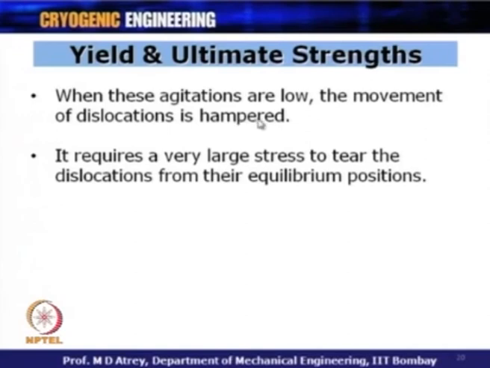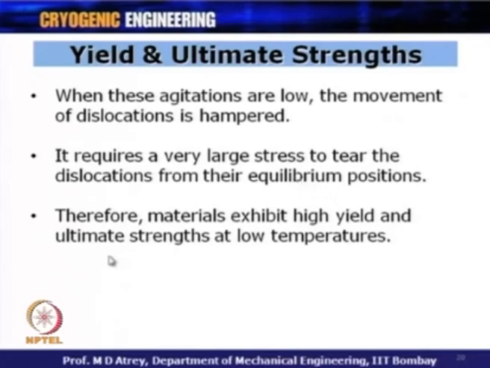When the movement of the dislocation is hampered, what will we have to do? Moving this dislocation now will require a very large stress to tear the dislocation from its equilibrium position, which means that the material will exhibit high yield and ultimate strength at lower temperature.